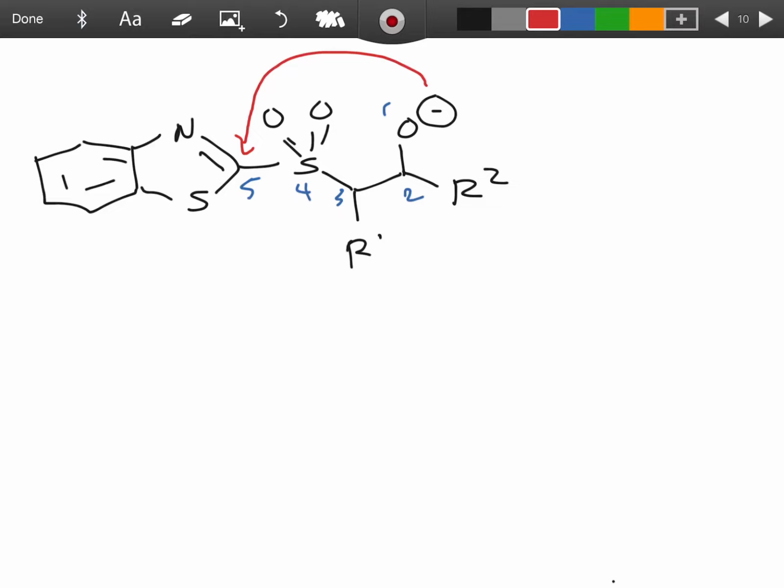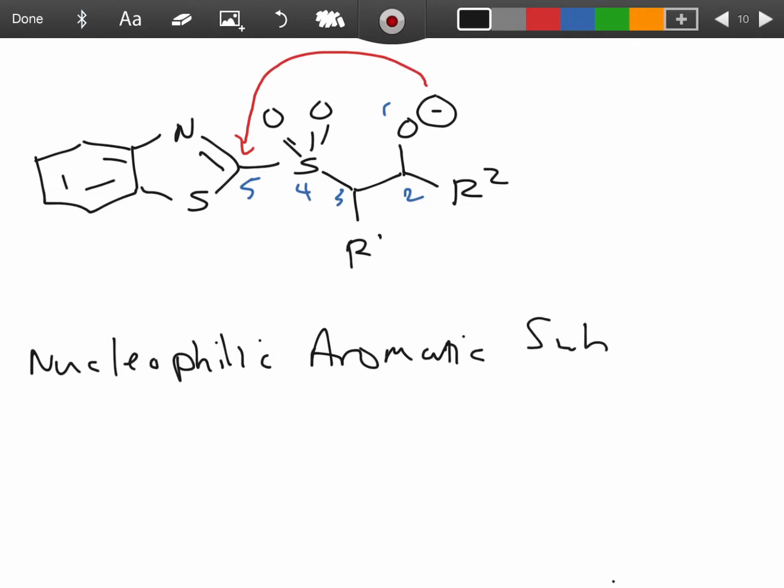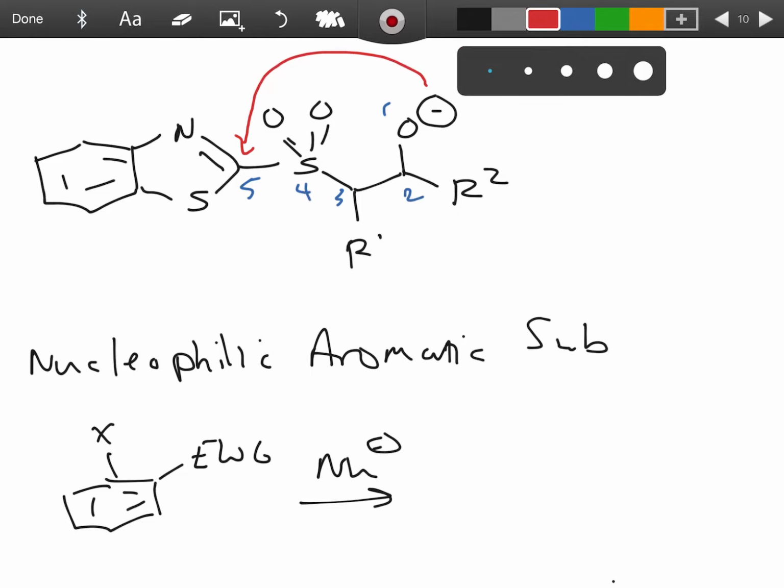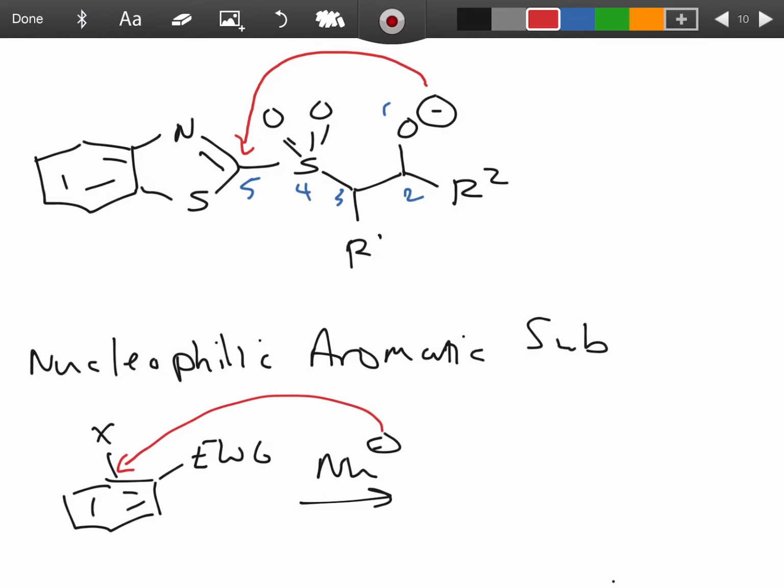So if you remember nucleophilic aromatic substitution from organic 2, you usually have some X group and then some electron withdrawing group, and you have a nucleophile, and the nucleophile wants to add itself to the carbon that has the X group.